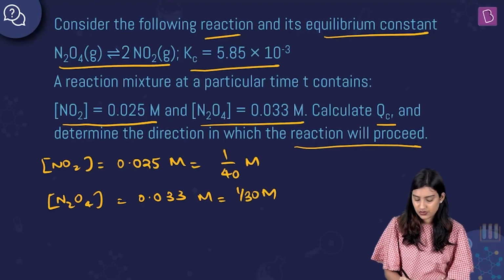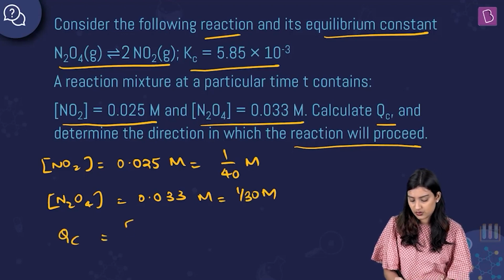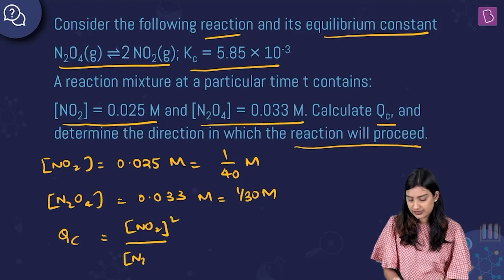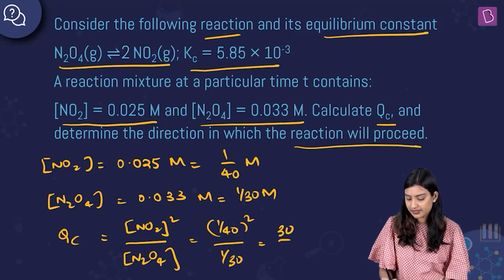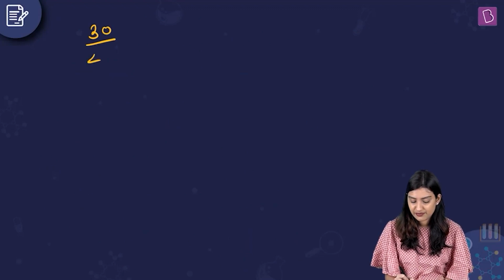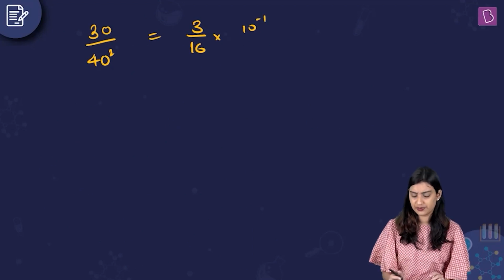So your Qc, which is concentration of NO2 squared divided by concentration of N2O4, is going to be 1 by 40 squared divided by 1 by 30. So you have 30 divided by 40 squared, which is 3 by 16 into 10 by 100. So 10 to the power of minus 1.